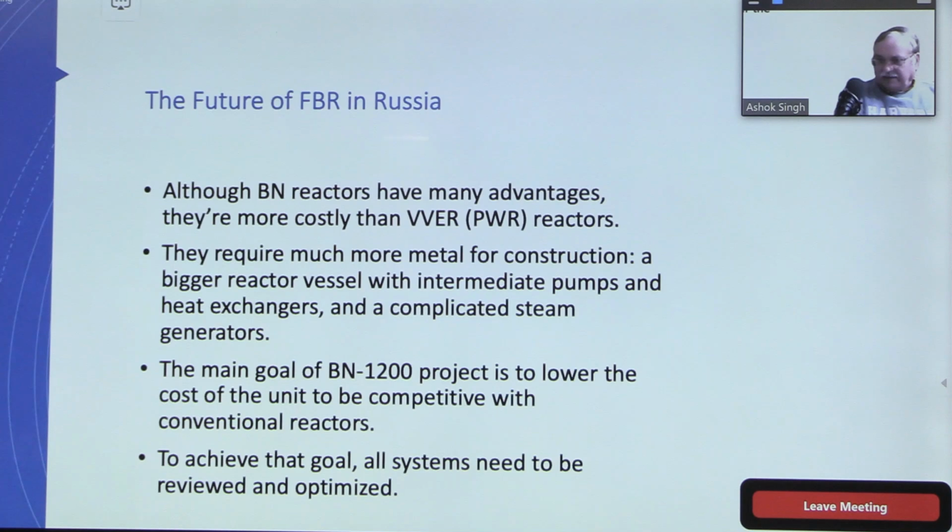This is the Russian design based on light water reactors. They are much more costly. Now, cost is important for commercial application. You don't want something which is very expensive. They require much more metal for construction. They require bigger reactor vessels with intermediate pumps and heat exchangers and a complicated steam generator.